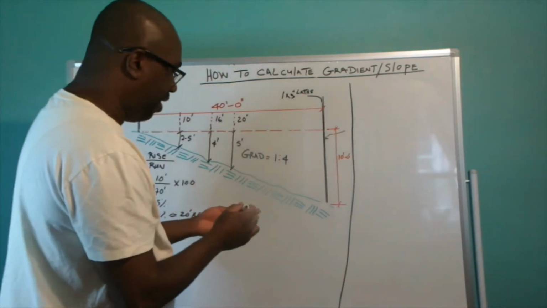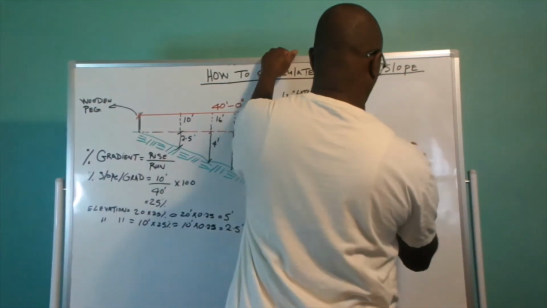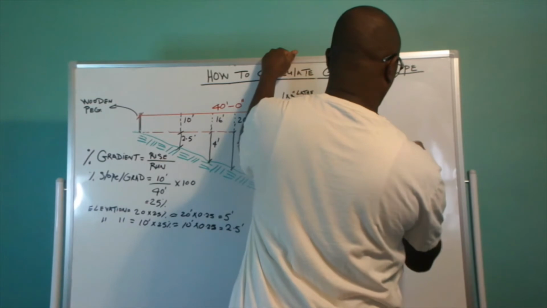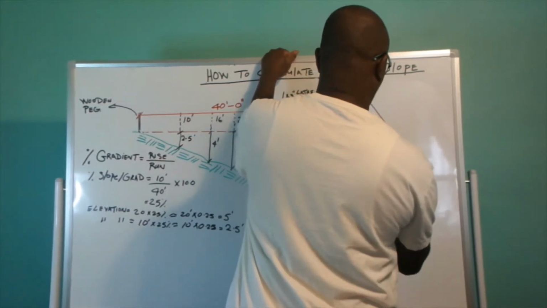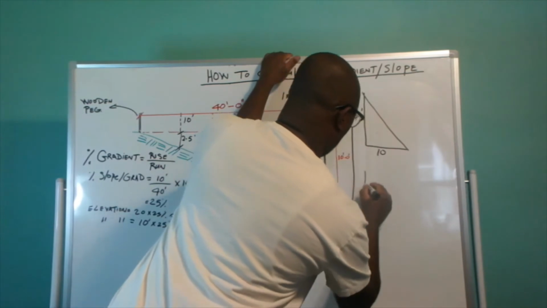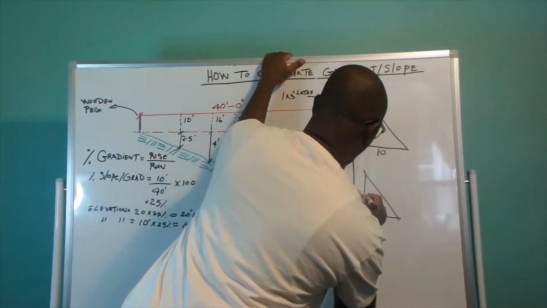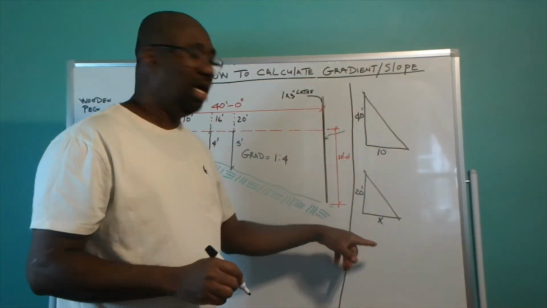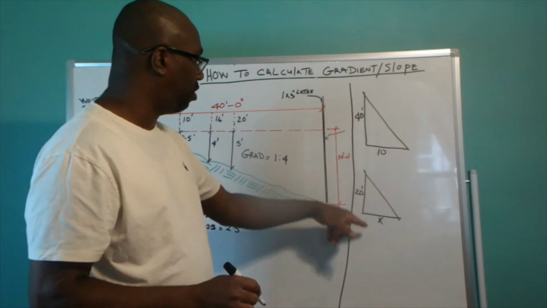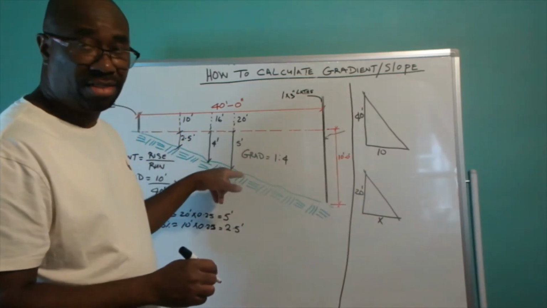So the big triangle is going to be this 40 feet by 10 feet, and the small triangle is going to be 20 feet by x. So we need to solve for x, and solving for x at 20 feet, we must come back at our 5 feet at 20 feet, right?